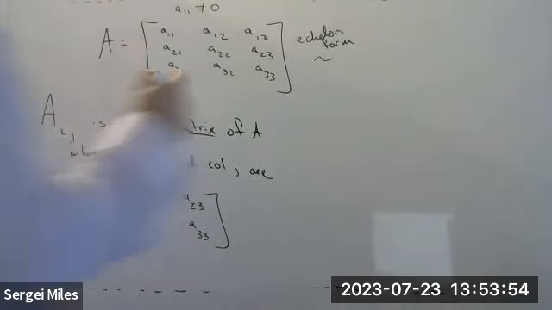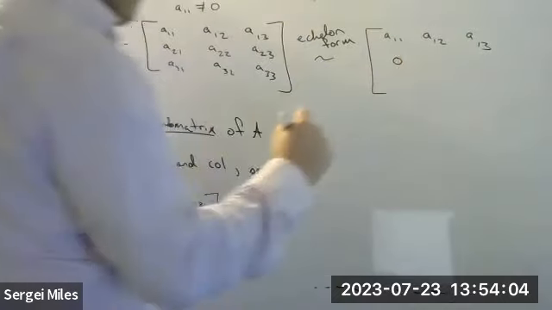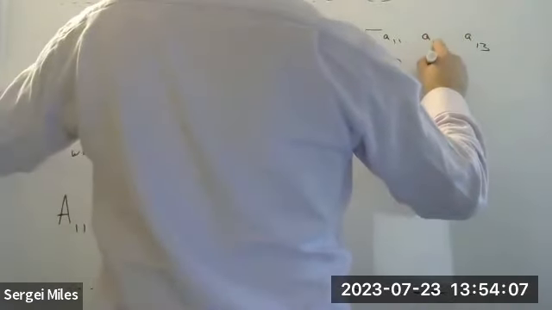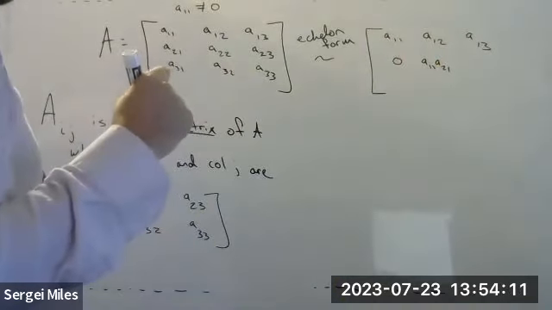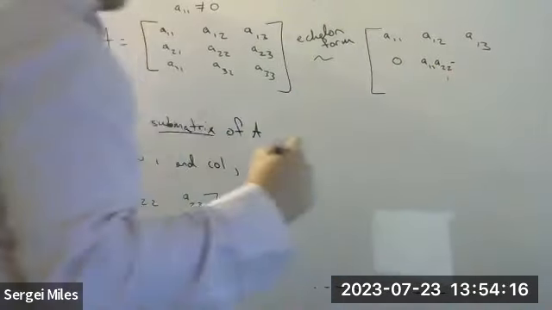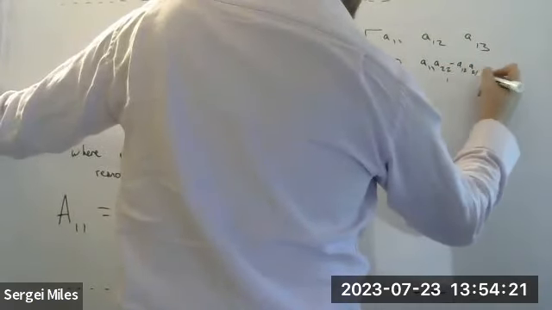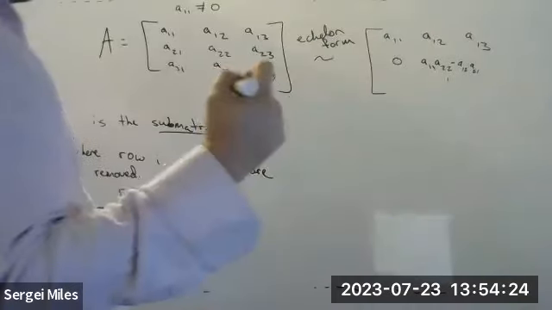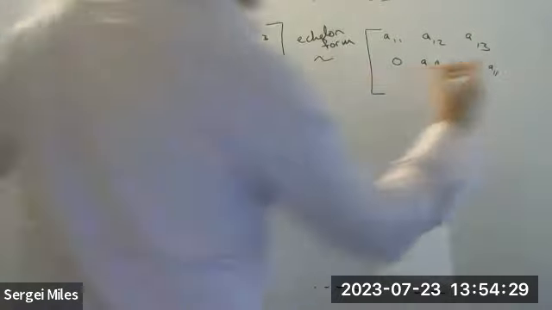Okay, so what happens? Well, when you reduce this matrix, we end up getting a funny pattern happening. We're going to have 0, A11, A22 minus A12, A21, and then for the third entry of the second row, I'm running out of space here, but this isn't super important yet.